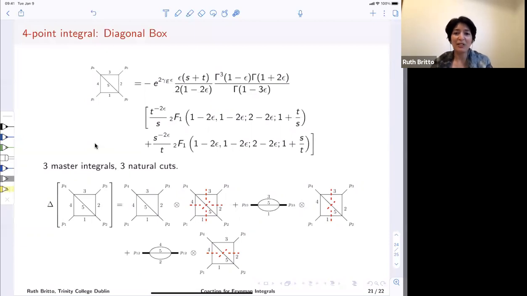This similarly is clean like the previous example because of the separate topologies. Another nice thing is that the cuts that appear are exactly just the S-channel and T-channel cuts and the maximal cut. Those are very natural cuts appearing on the right of this example.